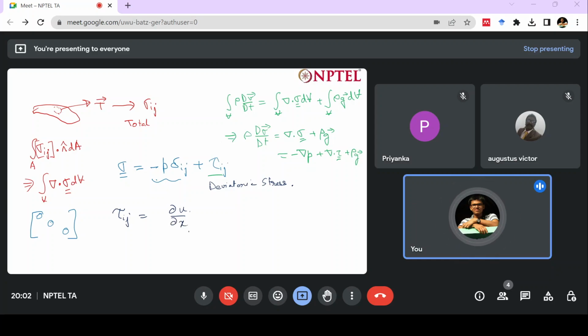So this relation determines whether this is a Newtonian fluid or non-Newtonian.